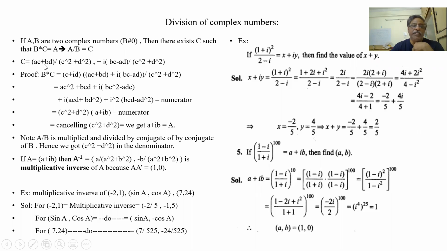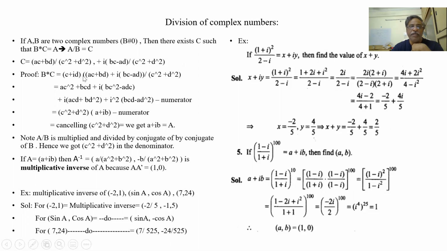Let c be AC plus BD by C square plus D square, plus i times BC minus AD by C square plus D square. So I am multiplying B is C plus iD, A is A plus iB. When I am multiplying B into c, B is C plus iD, c is this one, this real portion, this imaginary portion.